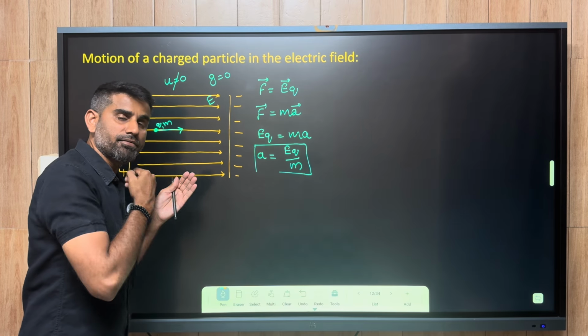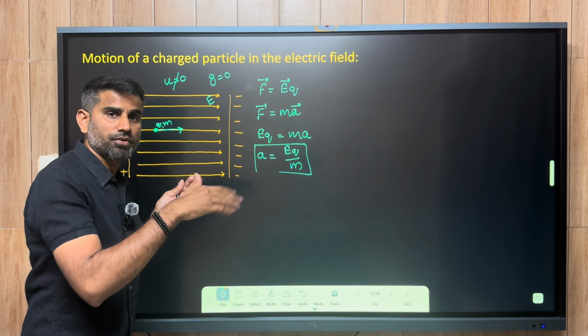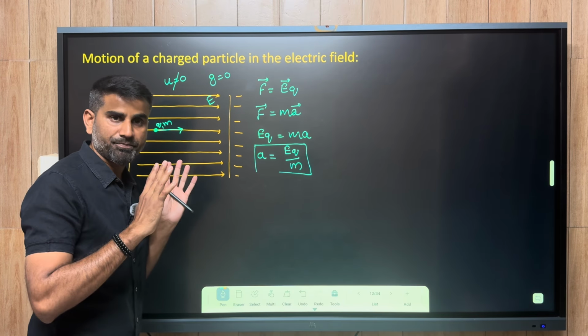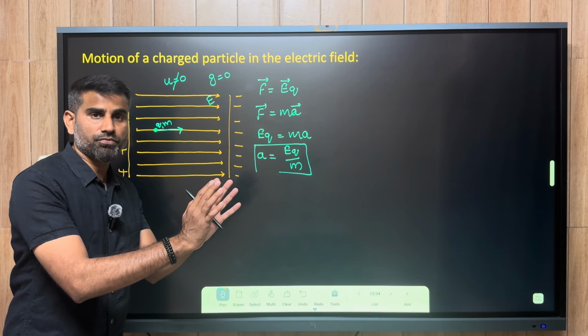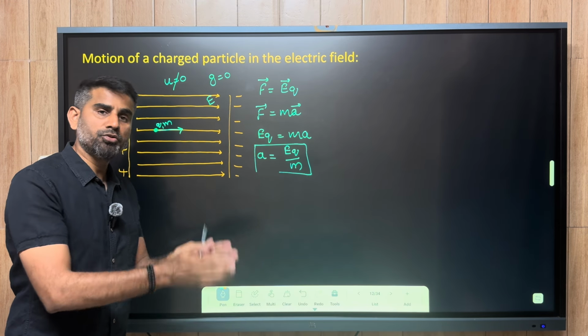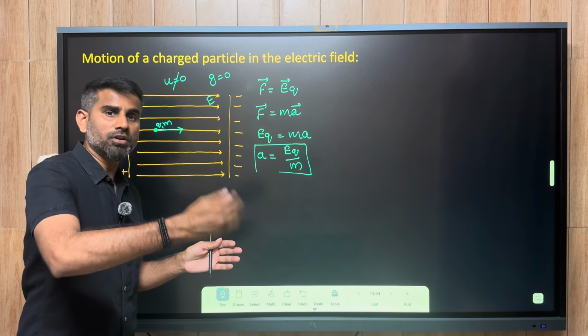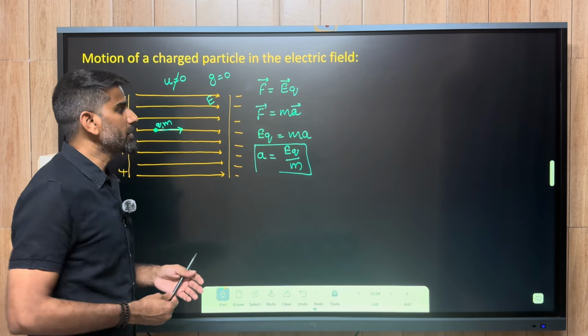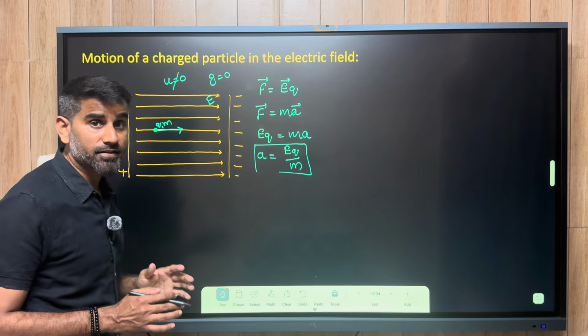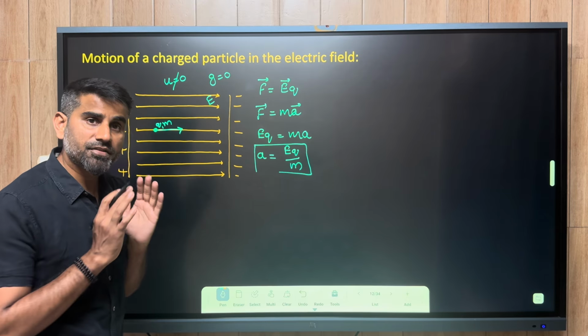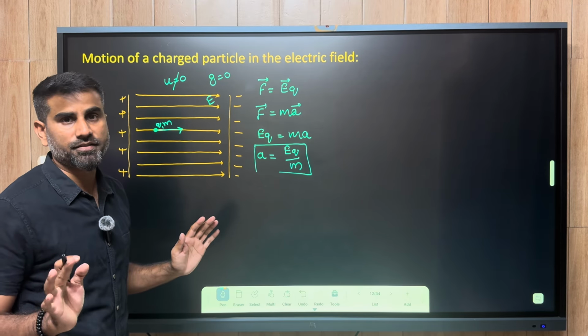The electric field itself exerted a certain amount of force due to which the charge is moving. But in this case, I have initially provided a certain amount of velocity, and due to the force, its velocity keeps on increasing. So u is not equal to 0, and I haven't considered any gravity here. That means gravity is absent, gravity is not considered.